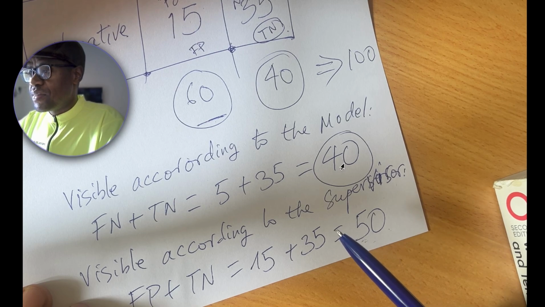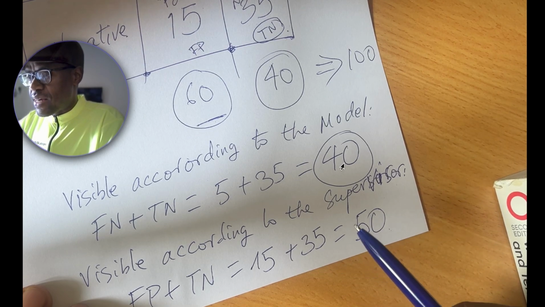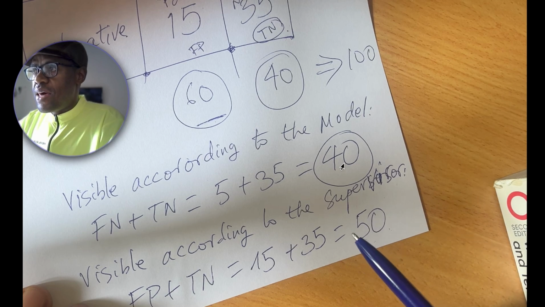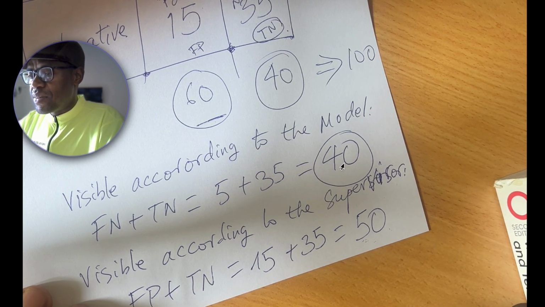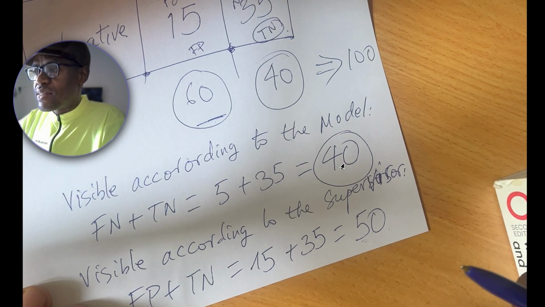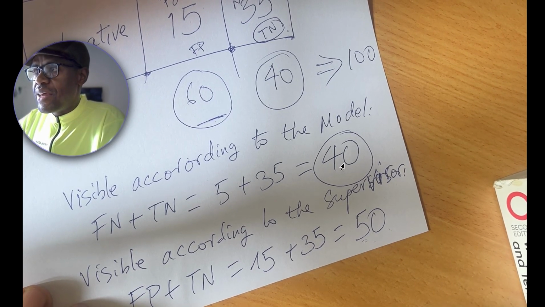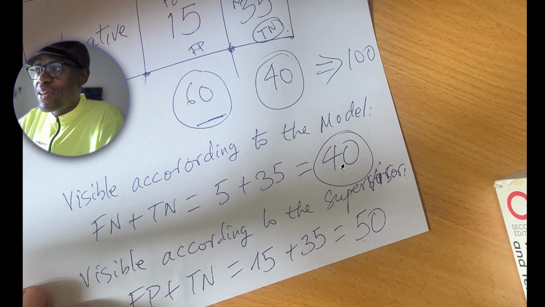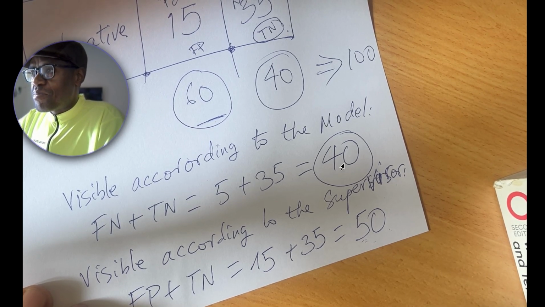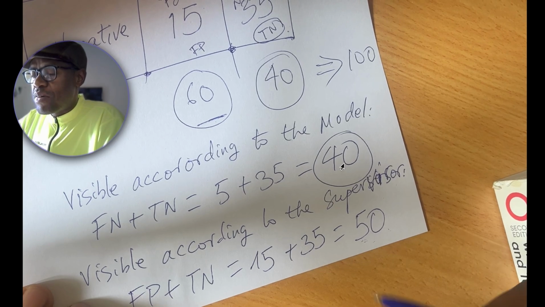In the next questions, I will make sure I specify which perspective, and if no perspective is identified in the writing, you need to discuss and say, in the perspective according to the model, because a model is a learner, and as a learner, it's like a person, not really a physical person, but we have to specify how that learner sees things, and of course how the supervisor sees things.